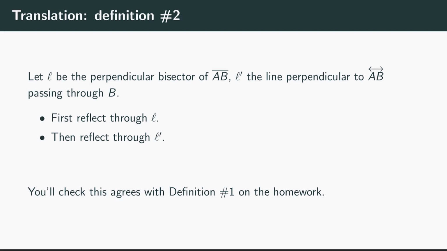I'm going to have you check on the homework that this matches definition 1, at least if we start with a point P that is not incident to the line AB.